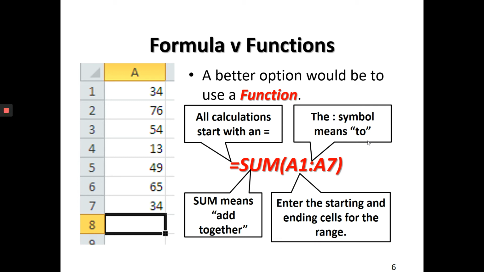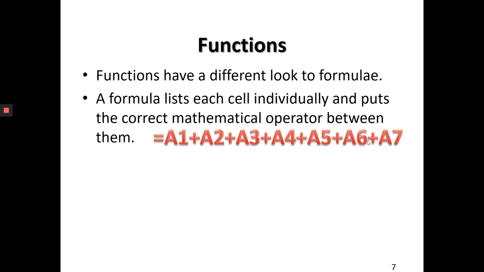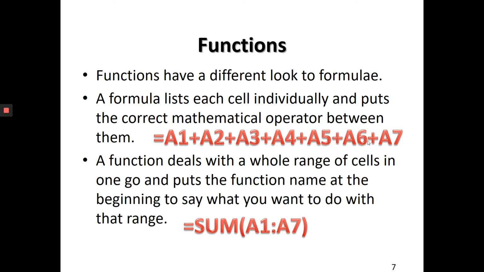The starting point is A1, and the end point is A7, which means it will add up all the contents of cells A1 all the way to A7. And then every function needs to be included within brackets. So now from this formula, we go to this. It makes it much quicker.